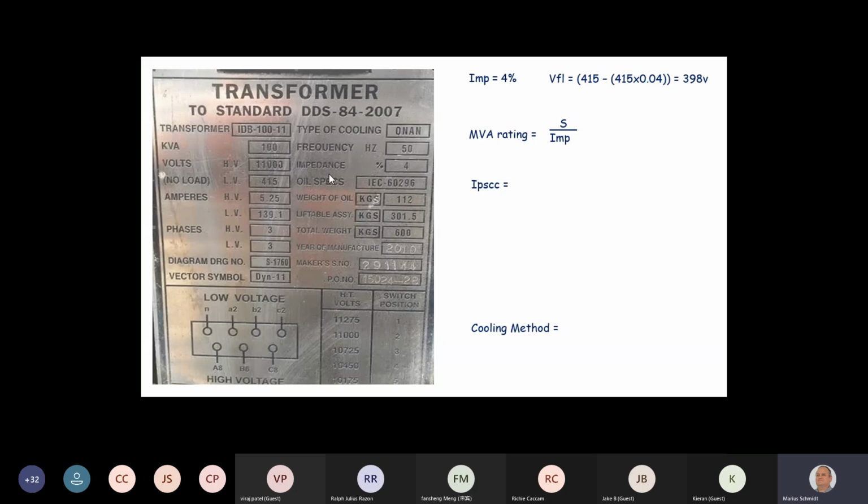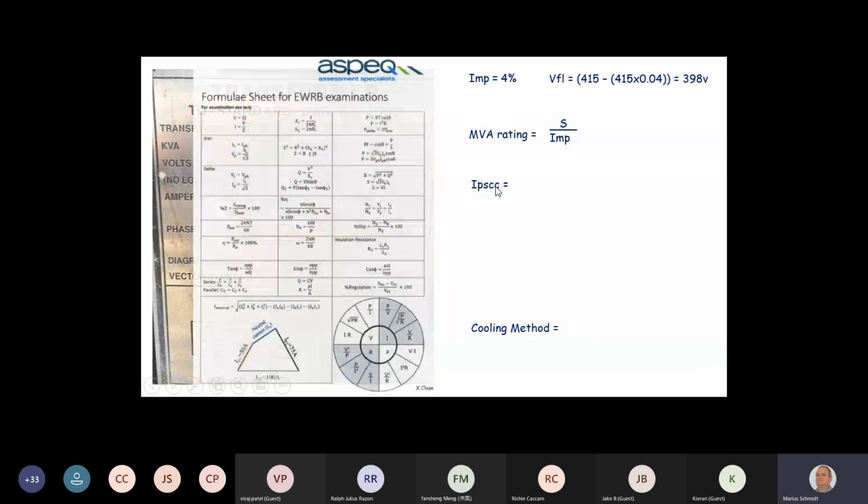It's 100 kVA. So 100,000 volt amps divided by 0.04. Right, so 2,500 kVA. So that's my formula, I transposed it to get that.